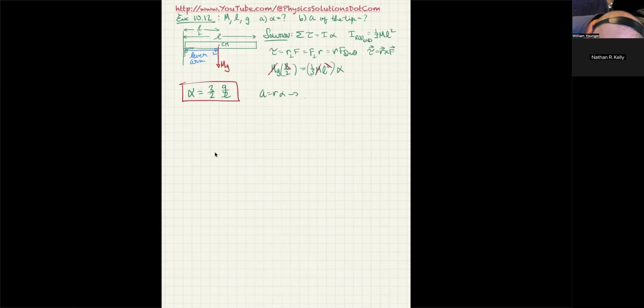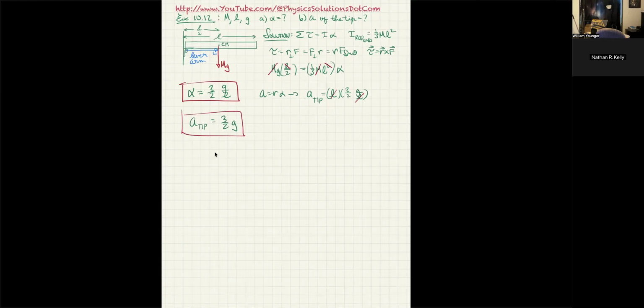And because of that, we can say the acceleration of the tip is going to be L, that's the radius of the revolution we're doing here, times alpha, which is 3/2 g over L. Now you can see that the L cancels out with the L. And in this case, we end up getting that the linear acceleration of the tip is in fact 1.5 times g.